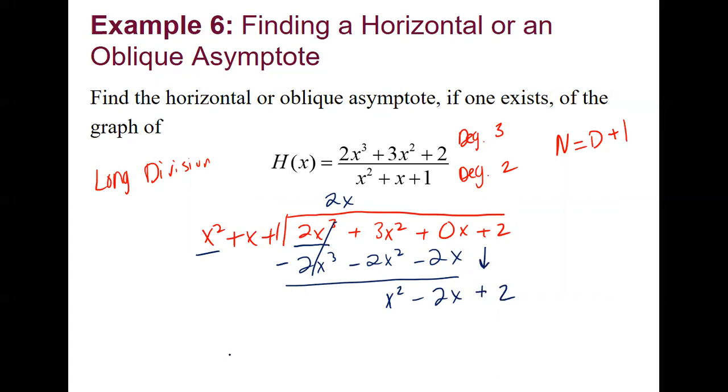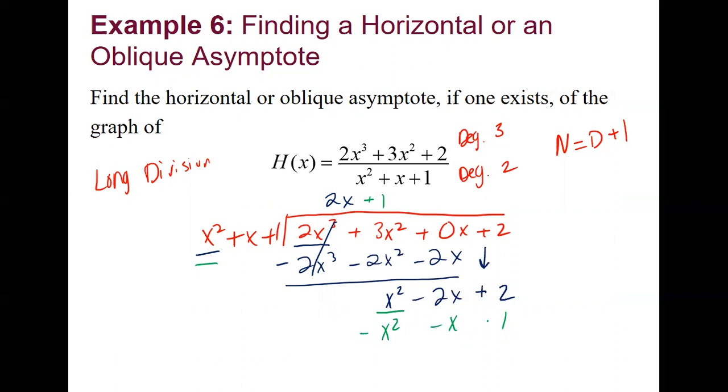And we repeat the process, right? So we're going to divide. x squared divided by x squared is what? 1. So 2x plus 1 is where we're at now. After we divide, we multiply. 1 times all 3 of these terms is just going to be themselves. 1 times x squared is x squared. 1 times x is x. 1 times 1 is 1.